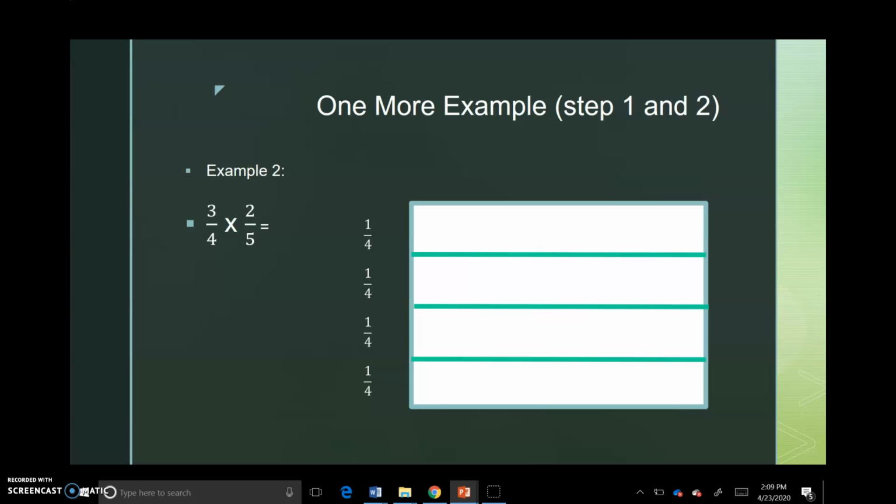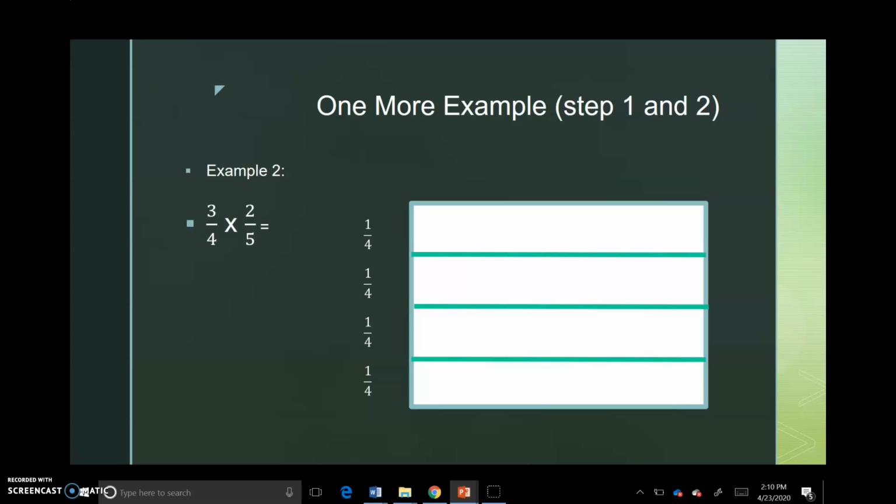We have 3/4 times 2/5. So I jumped ahead here and I did step 1 and step 2 already, where we have our unit square and I've split it into fourths because my first fraction is 3/4. My denominator tells me how many pieces to split vertically.